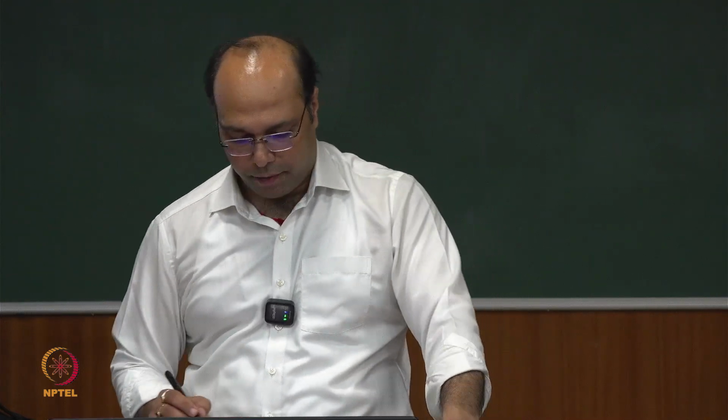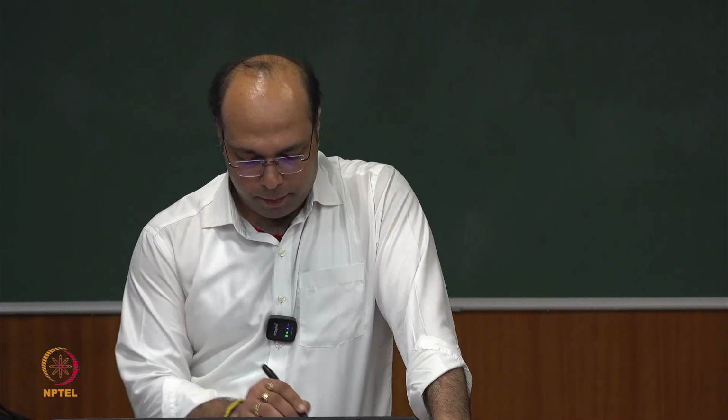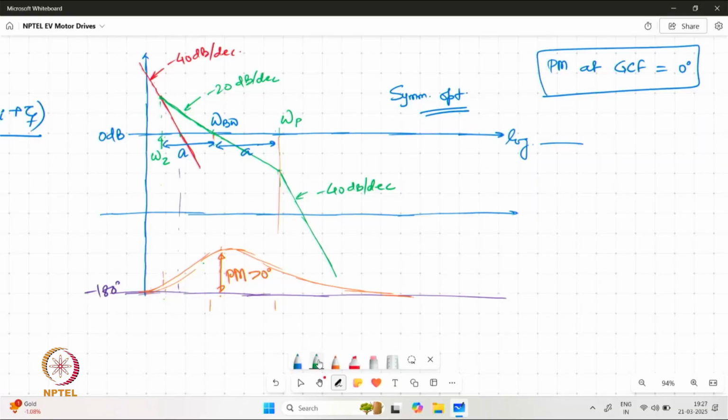Because we are talking about a logarithmic x-axis, we are going to have the same ratio for these frequencies. Say that ratio can be given by A. If we keep this ratio the same, we are going to find the highest phase margin, which means the phase margin is going to maximize at the point of gain crossover, and hence we'll be able to achieve the best phase margin for the system.